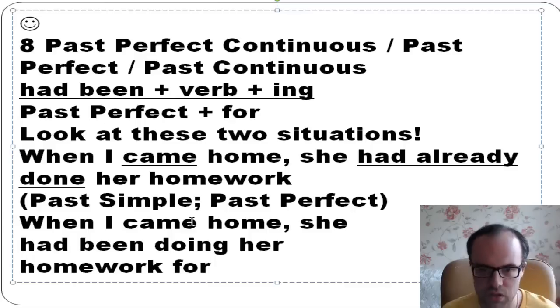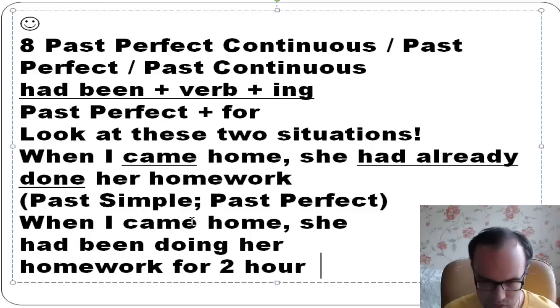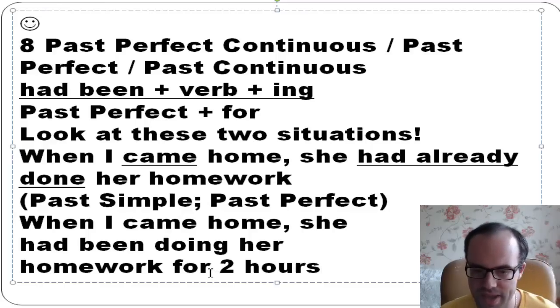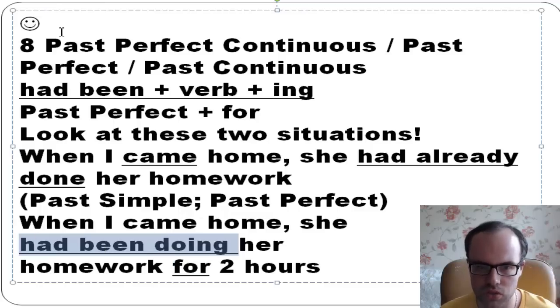She had been doing her homework for, you know, for 2 hours. And this word tells us that we need to use past perfect continuous, had been doing.